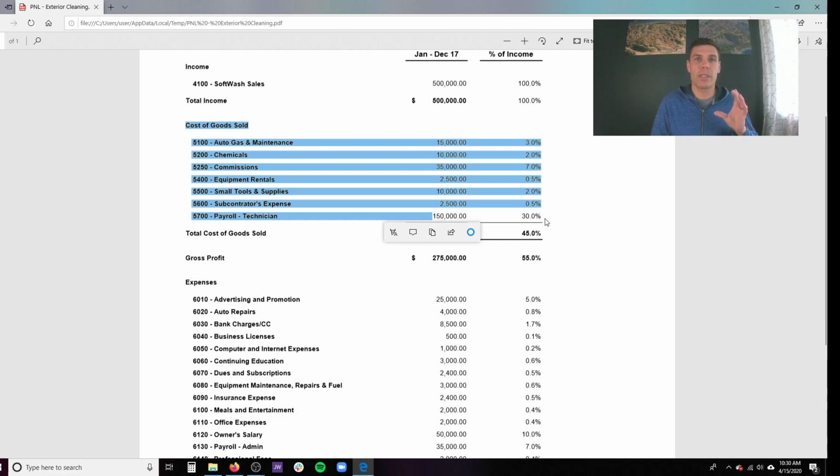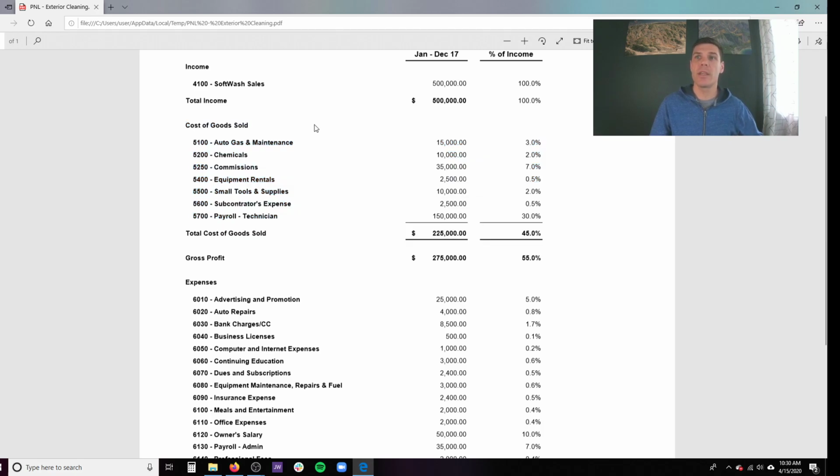But in general, this top section of expenses is what we call cost of goods sold. And a good way to think about that is, what does it cost me to go out and generate $1 worth of revenue? So what are the things that I have to spend money on in order to even be able to do the work or deliver the product to the customer?